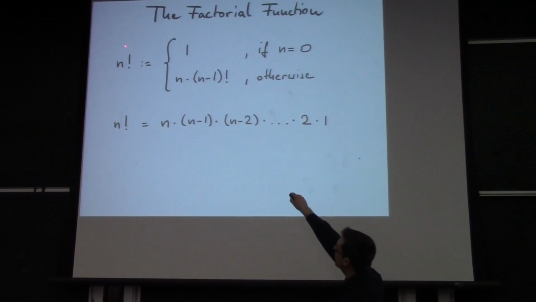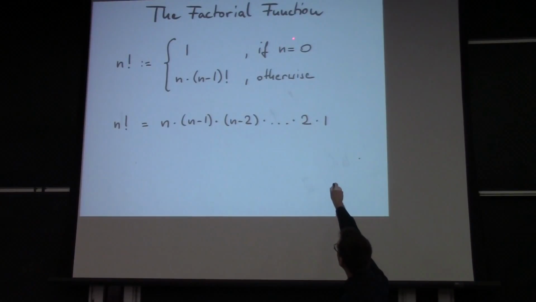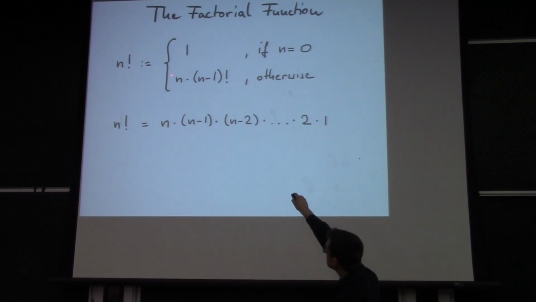So you can see here the factorial of 0 is defined as 1. So if n is 0, then it's going to return 1. And if n is non-zero, then it's defined recursively. So we multiply n by factorial of n minus 1.